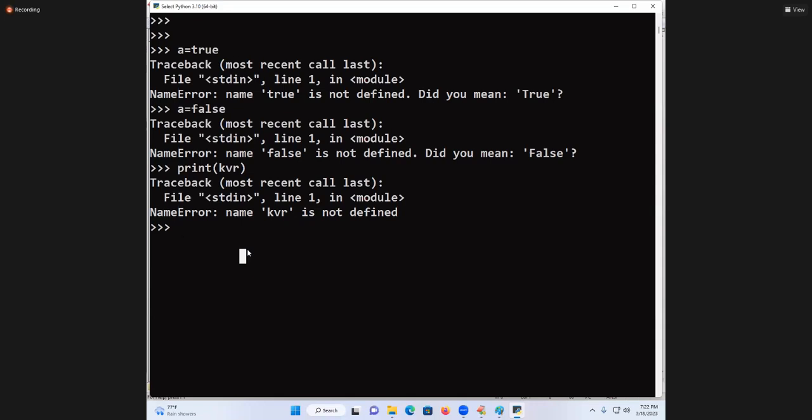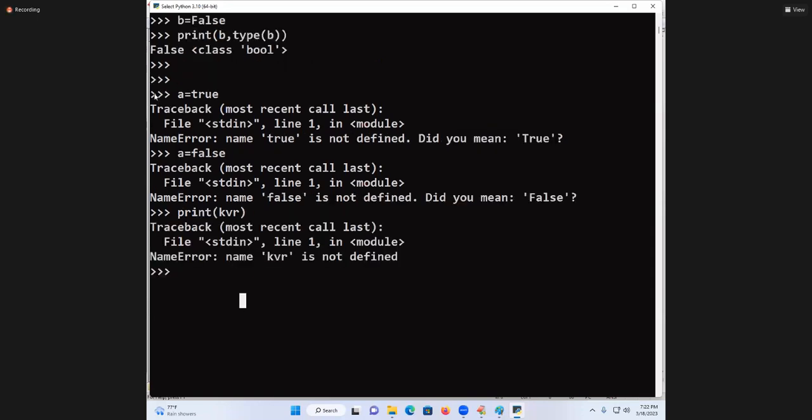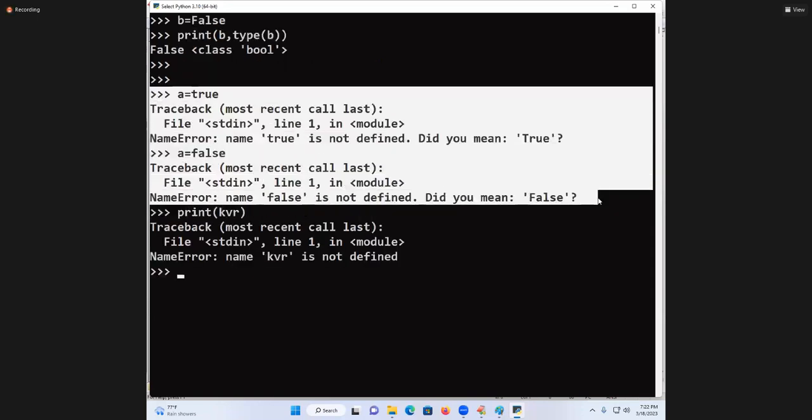If a variable name is not used in the program, if a variable name does not contain a value and you are trying to use it, you will get what error? Name error. If you don't know the person, if the person is entering into your home without taking permission, what is that error? Name error. Unknown person error, right or not? Like that, be careful about this type of thing.